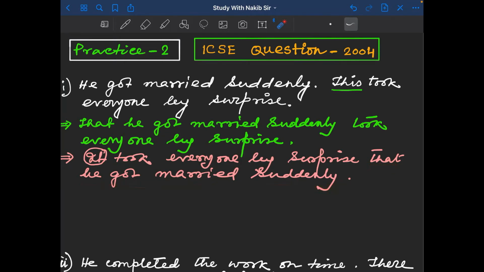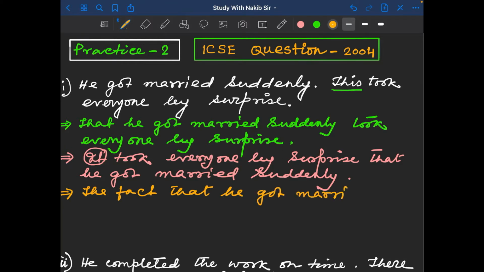It may be combined in another way also. See this one. The fact that he got married suddenly, took everyone by surprise.